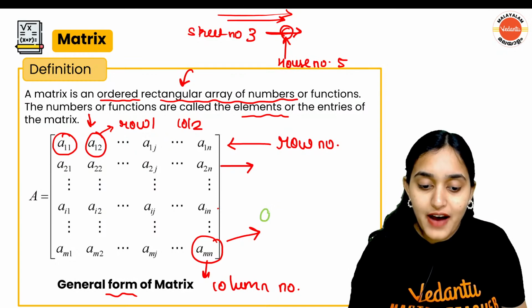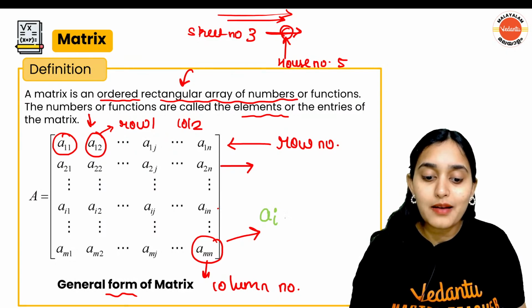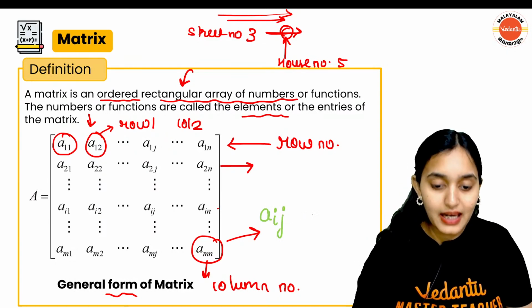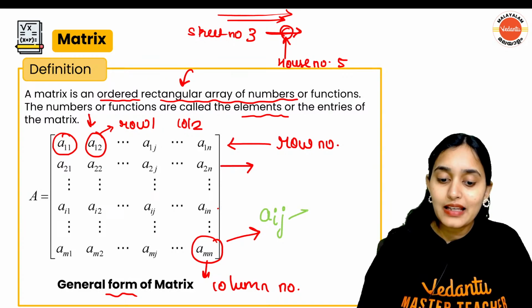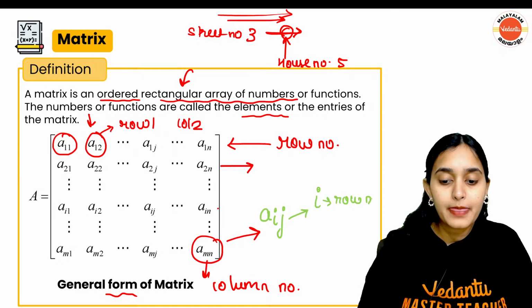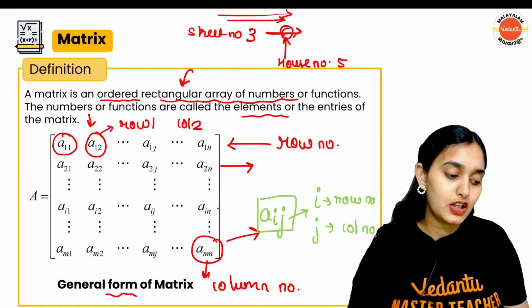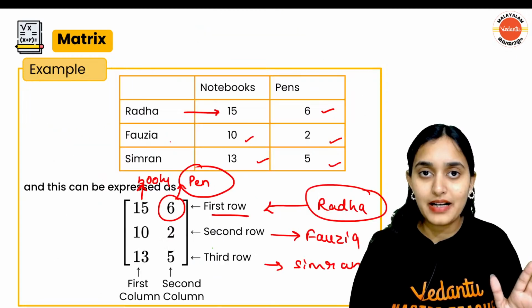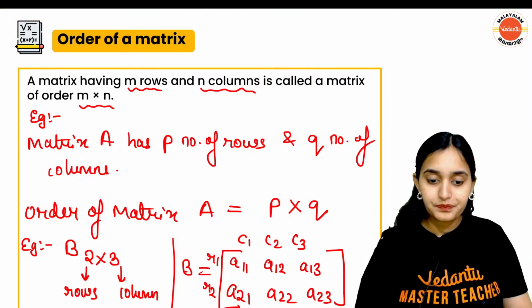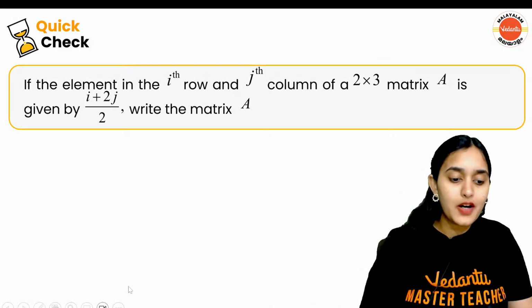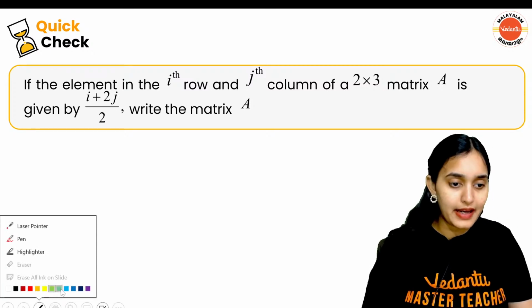So if I have my general element Aij, Aij basically means i is the row number and j is the column number. And Aij will tell you the position of my element. Okay, clear?